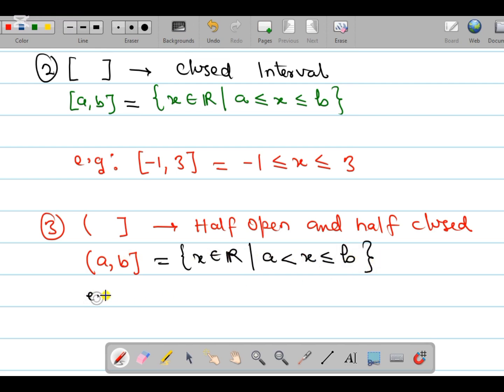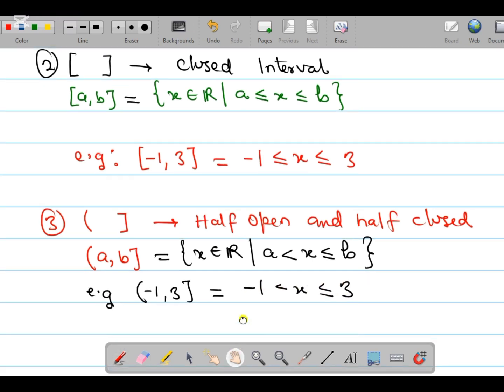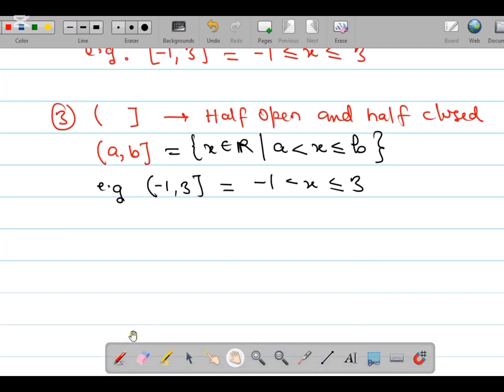An example is -1 less than x and x less than or equal to 3. In this set, 3 is included but -1 is not.